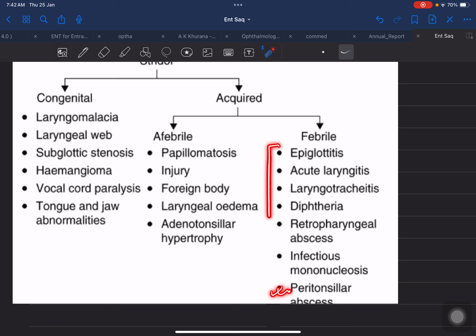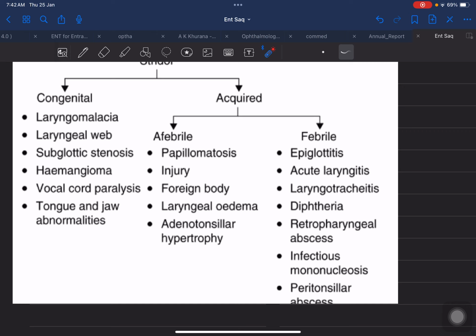So these are the febrile acquired conditions.